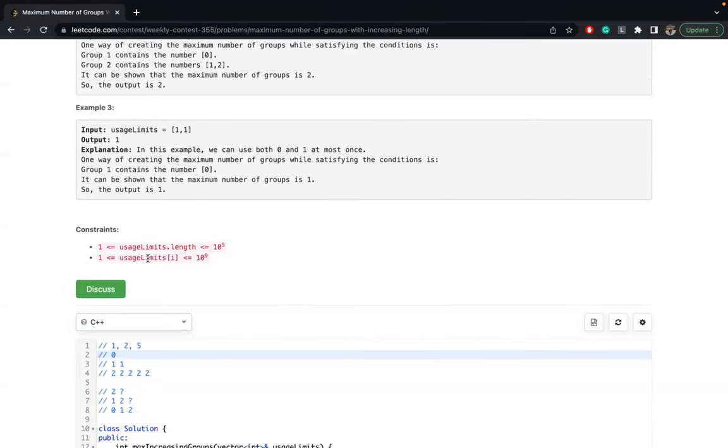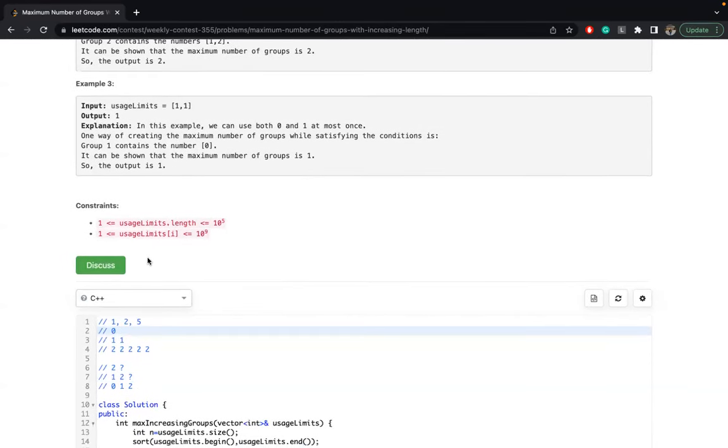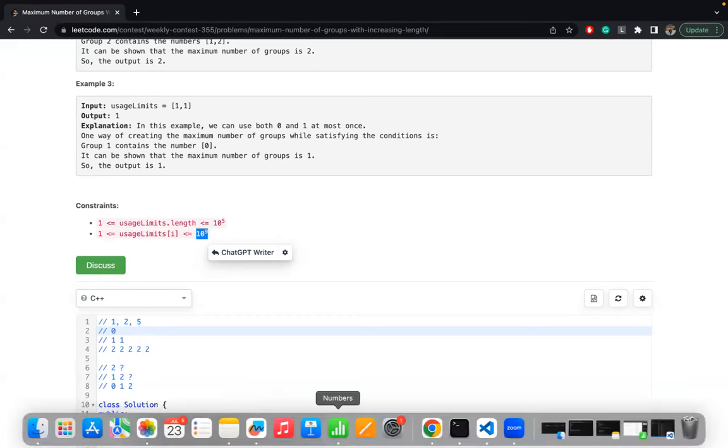And then every number can have usage limits of a maximum of 10 to the power 9. So every number can be repeated a maximum of 10 to the power 9 times; those values can go up to 10 to the power 9.